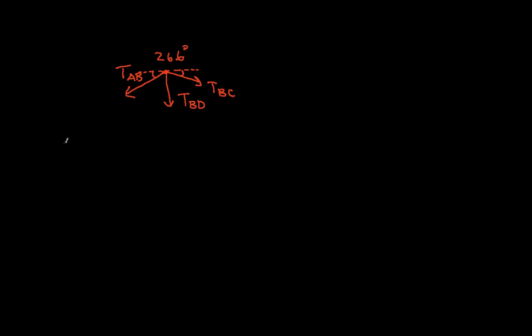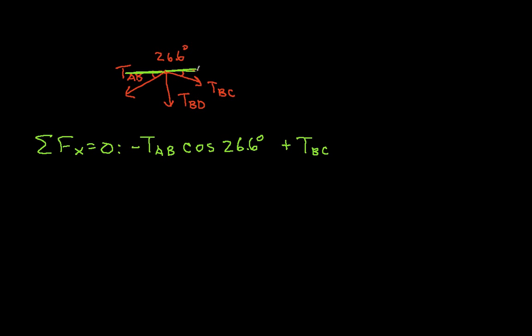The sum of forces in the x direction is equal to 0. This says then that TAB, and this would be negative because it's going to the left, times the cosine of 26.6 degrees. I'm taking TAB and I'm projecting it onto this horizontal axis. So I take the magnitude TAB, multiply it by the cosine of 26.6 degrees, plus TBC, and again we're going to project this onto the x-axis.